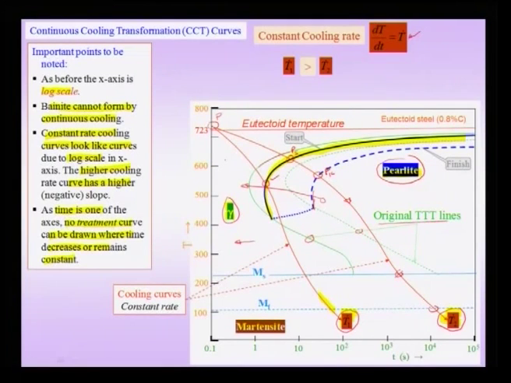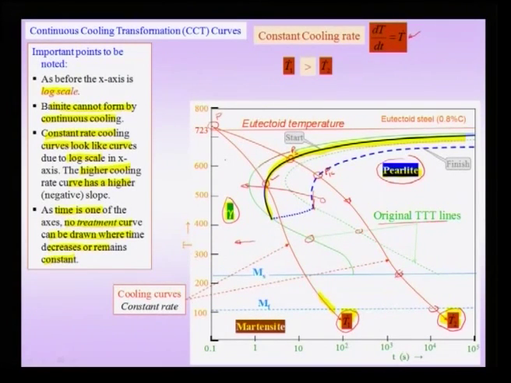Furthermore, if you completely transform all the gamma into, say, pearlite, then further intersections of this curve with, for instance, the martensite start or the martensite finish lines have no significance. And the most important thing to reiterate, there is no bainite formation possible by constant cooling.